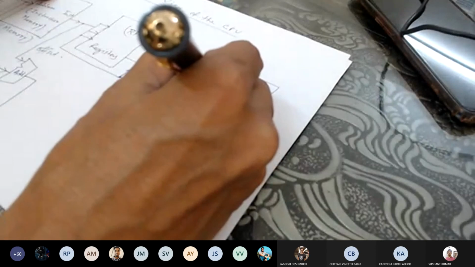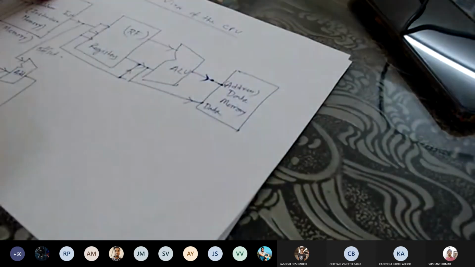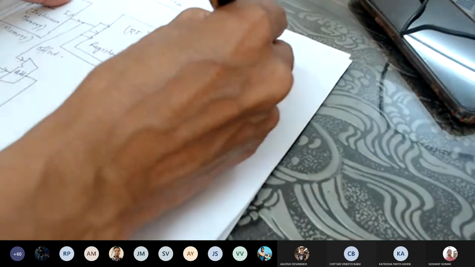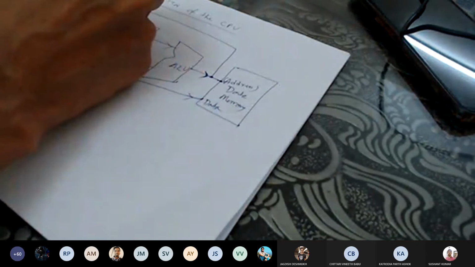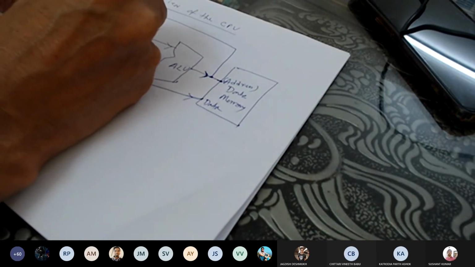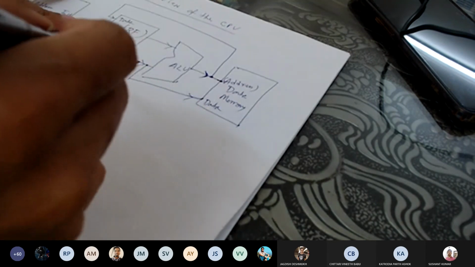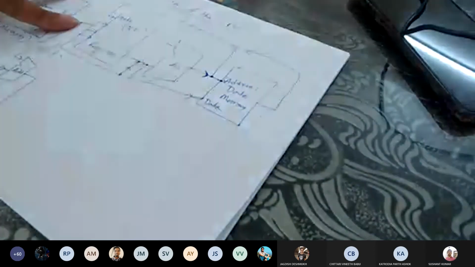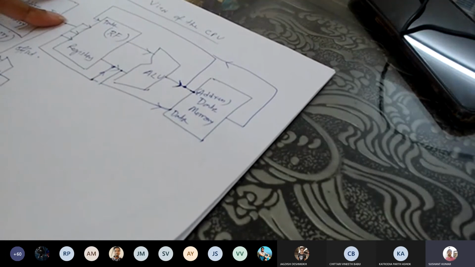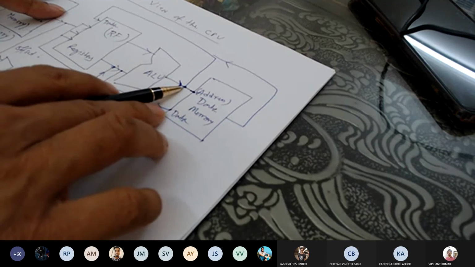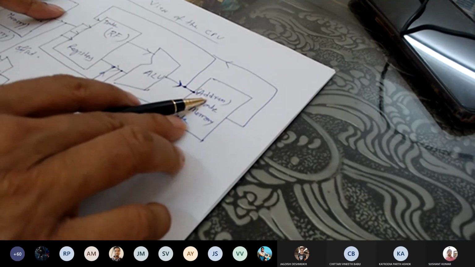After the arithmetic logic unit performs, you may require the value to be stored into one of the registers. Sir, output of ALU should be data, right? The output of ALU will be data as well as address.